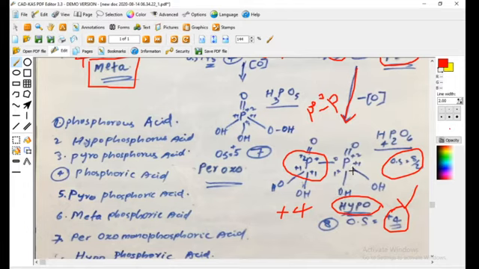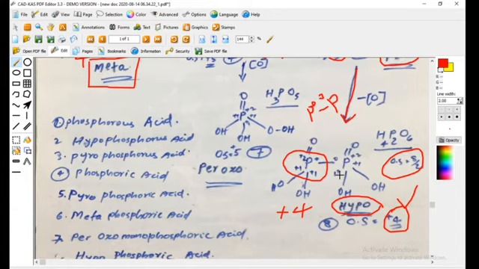So here, for the oxidation state calculation, we put X for P and -2 for oxygen, and do some calculations. You already studied this in the +1 class, I think. If you calculate the oxidation state of some of these acids, it will be higher than we are expecting, sometimes more than +8, +7 like this. So these are not acceptable.